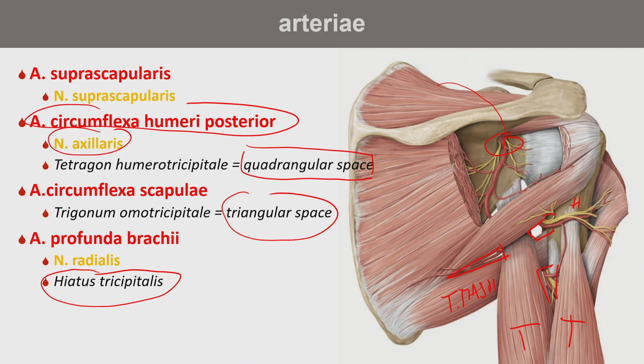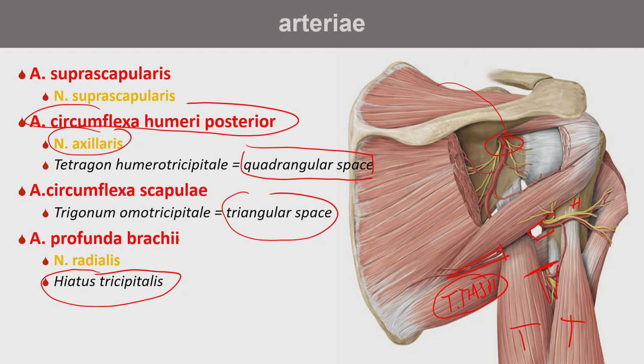This is a V-shaped space which is then on the roof, again demarginated by teres major, and here are emerging from the anterior to the posterior space two important structures.